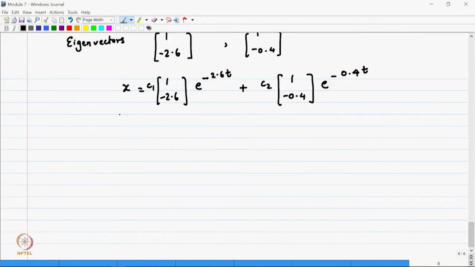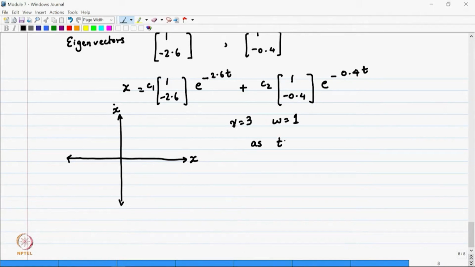Suppose you make a plot on the x, x dot plane, for the values we took, gamma equal to 3 and omega equal to 1. As I said, the solution depends on C1 and C2. As t tends to infinity, we can clearly see that x equal to 0 equal to y. So, this is the critical point.